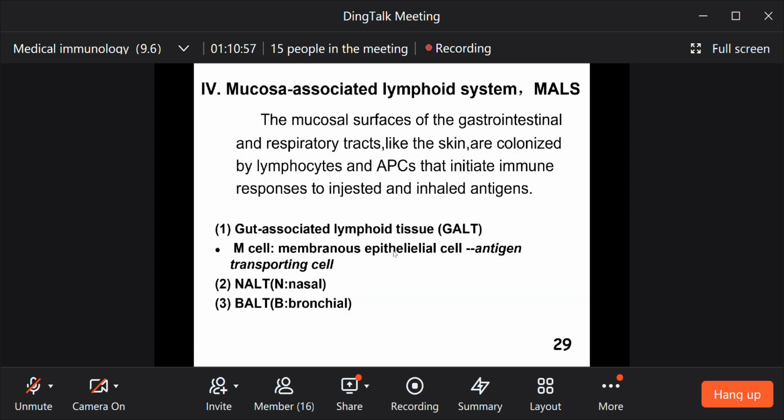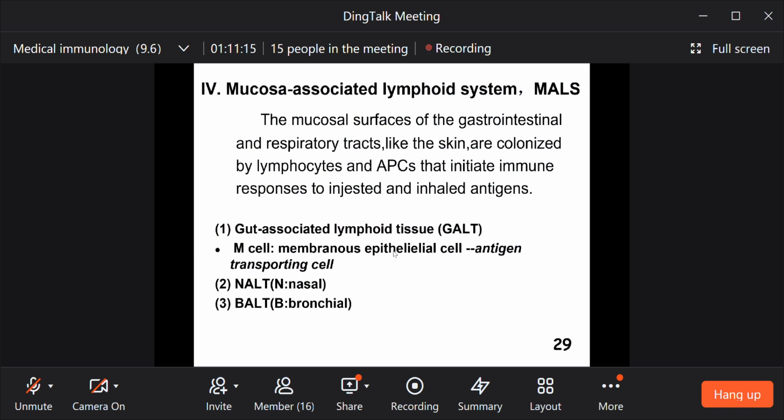And the mucosa associated lymphoid system is in the same situation as the cutaneous one.